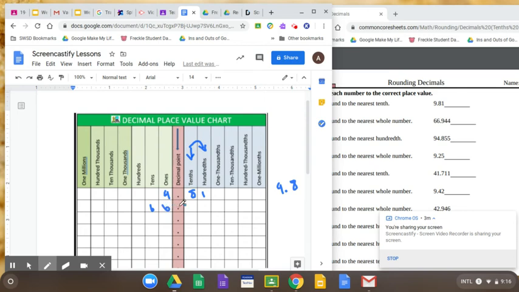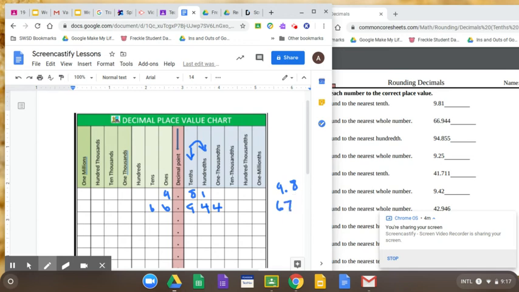So 6, 6, 9, 4, and another 4. So if I'm rounding to the nearest whole number, I'm looking next door. So I'm going to look at the 9. The 9 tells me that I have to round the 6 up to a 7. So this answer would just be 67. That's the nearest whole number.